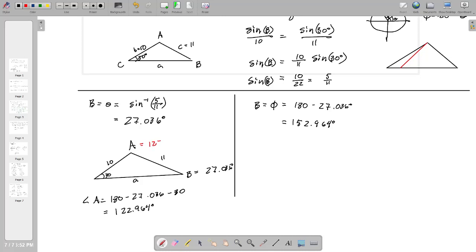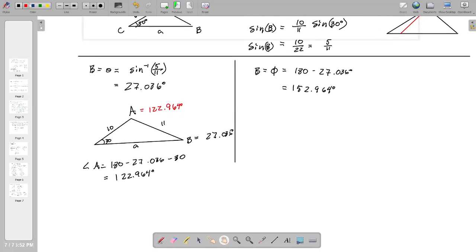We know what angle A is. That's 122.964 degrees. And then we use the law of sines. And that's it for this one. So sine of angle A, which is 122.964, divided by side A is equal to sine. Again, we use the C's because they're given. So sine of 30 divided by 11. Cross multiply.